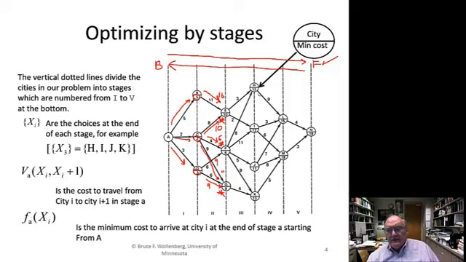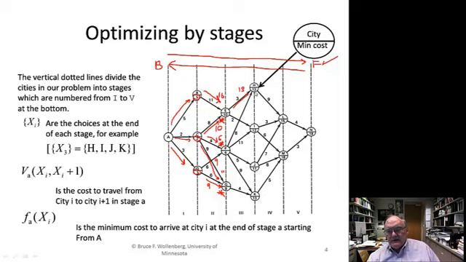Pardon me, the minimum is 13. Well, if this is 10 and I go up this path, it's 10 plus 3 is 13. So once again, it's the 10 here, the optimal cost at E, the minimum cost to get to E, plus 3 is 13. There's the 13 in there.